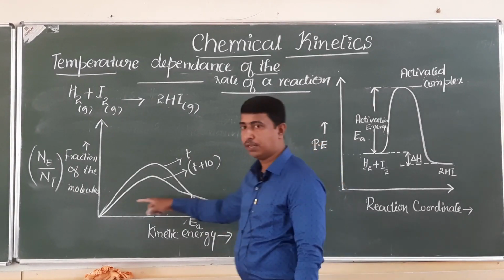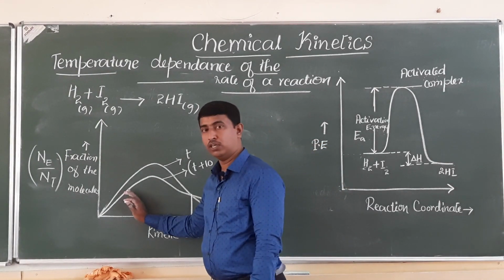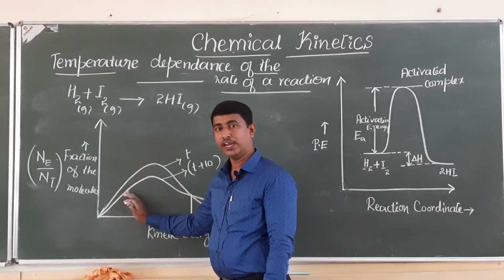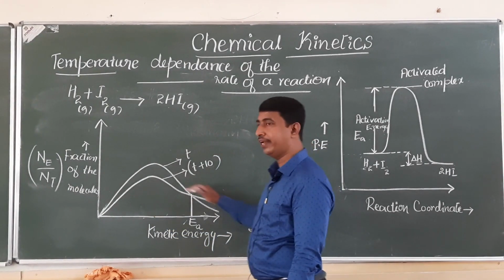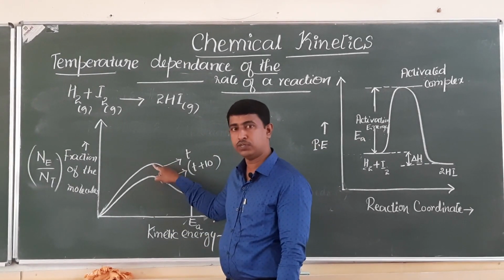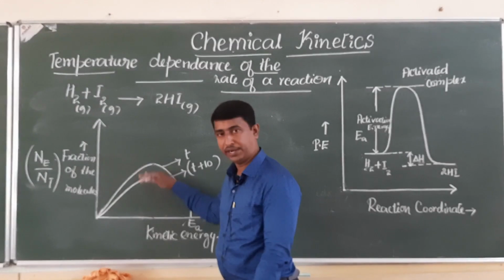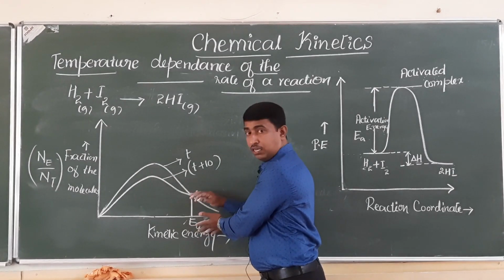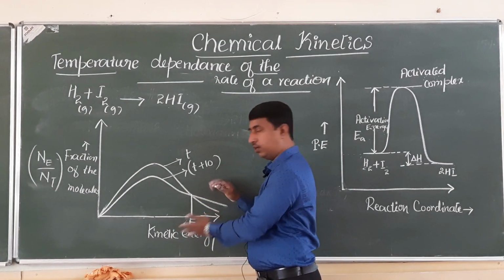On increasing the temperature, more number of molecules will shift from the lower energy side to the higher energy side. As a result, initially this was the peak. This peak gets reduced and the curve broadens out.